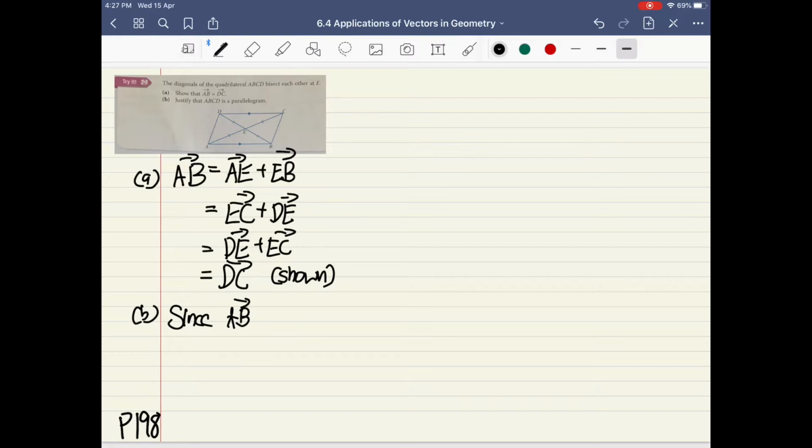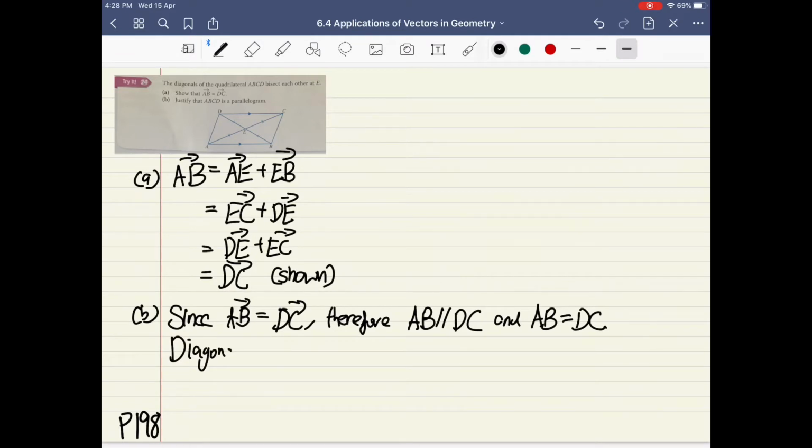For part B, they want us to justify that ABCD is a parallelogram. So in a statement: since the vector AB is equal to the vector DC, therefore, when two vectors are equal, they have the same direction and same magnitude. So in this case, AB is parallel to DC and they have the same magnitude as well.